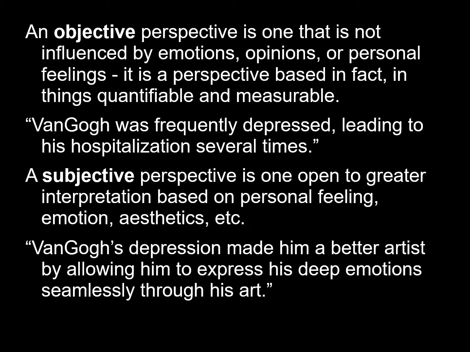We know that this was true. There is no opinion in that statement. A subjective perspective is one open to greater interpretation based on personal feeling, emotion, or aesthetics. Van Gogh's depression made him a better artist by allowing him to express his deep emotions seamlessly through his art.